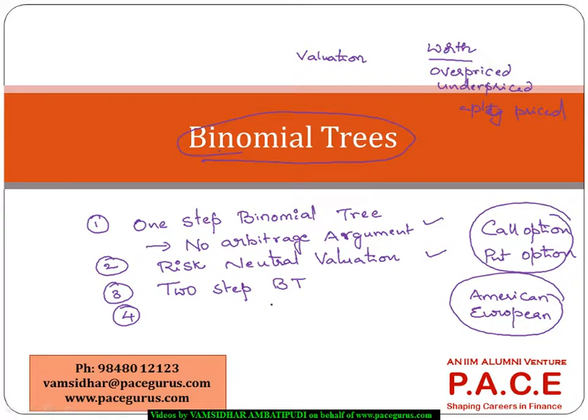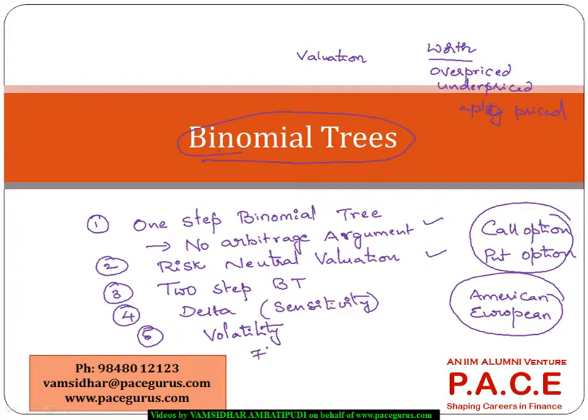Then I would like to bring in the concept associated with delta, which is more to do with the sensitivity of the option. So how do I really look at evaluating the sensitivity, or the delta, using the binomial tree approach? Then how do I really get into the volatility assessment?